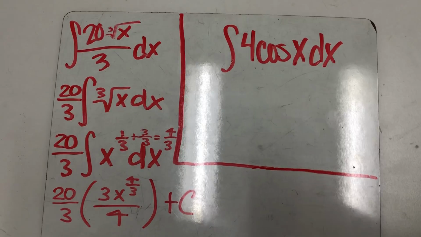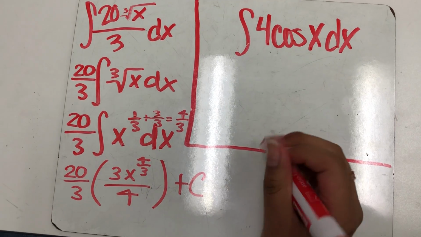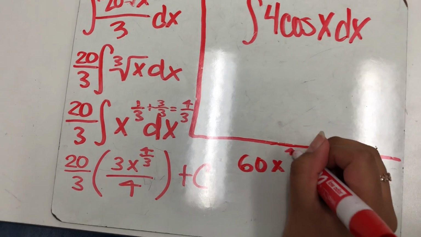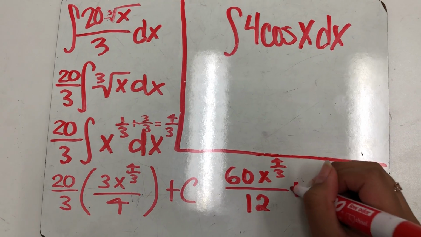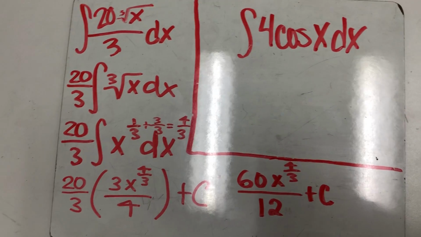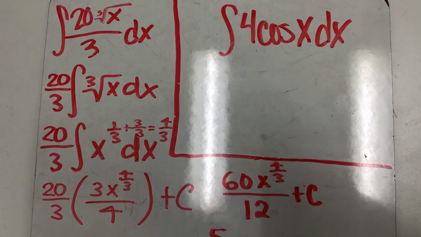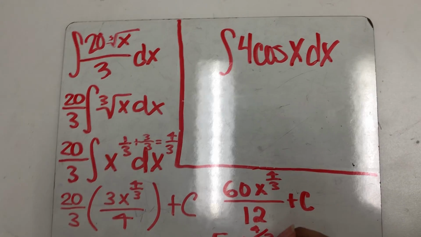And now our next step is we have to multiply straight across, which will then in turn give us 60x to the 4/3 power all over 12. And if we simplify that even further, 60 divided by 12 is 5. So the final answer is 5 times x to the 4/3 power plus c.